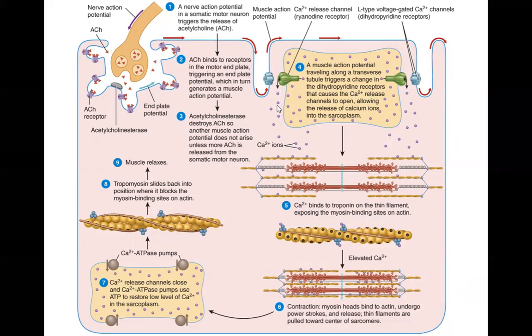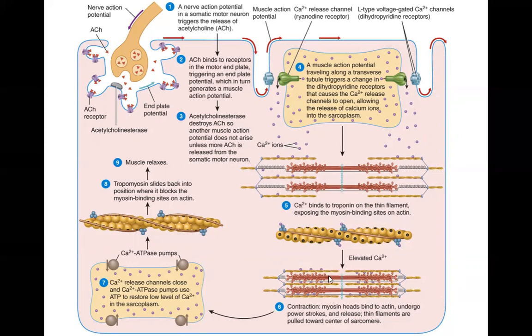Calcium then floods into the sarcoplasm where it can find troponin, bind to it, and shift the tropomyosin, causing us to form cross bridges, and thus, if we have enough calcium and ATP present, go through the contraction process, causing our sarcomere to shorten like we show here.